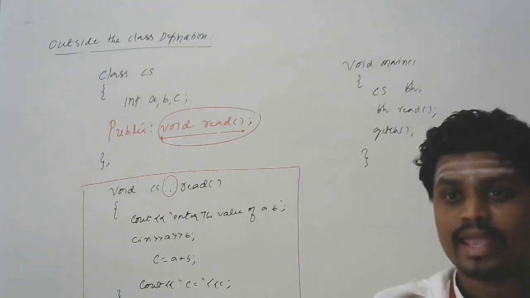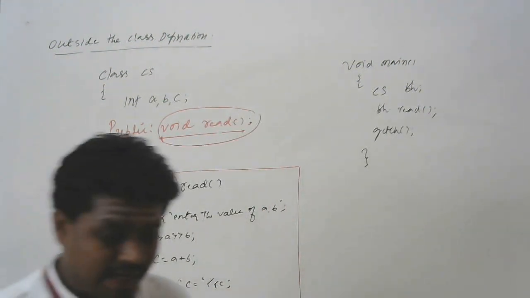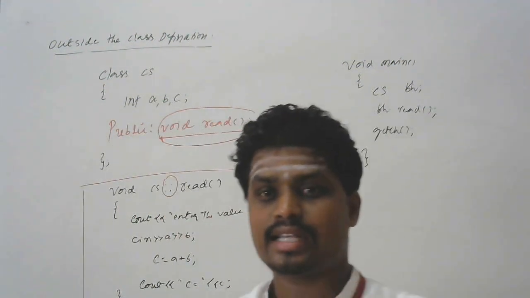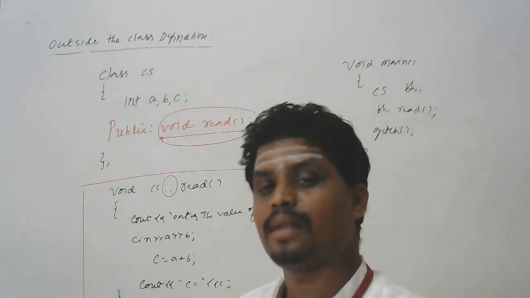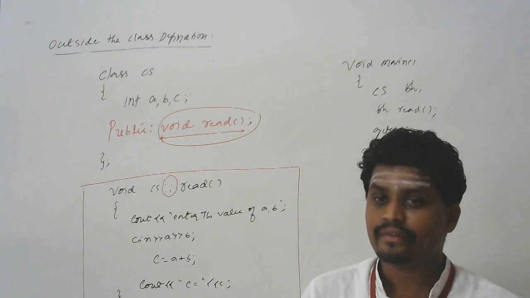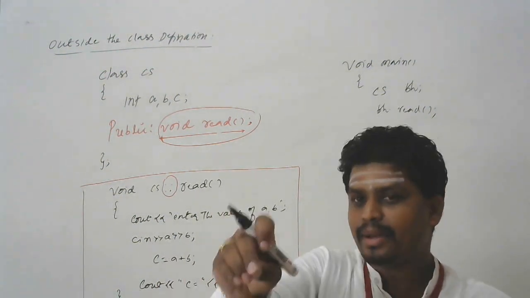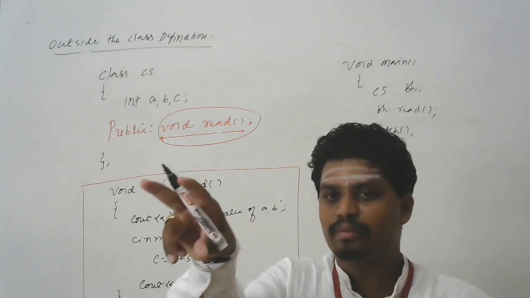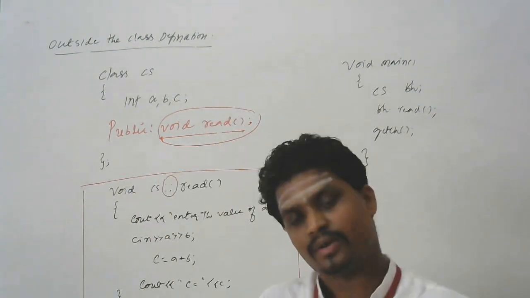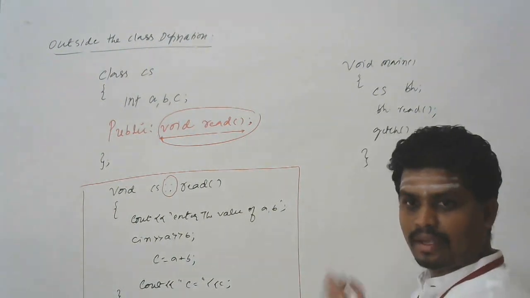Now you may ask, can we write both inside and outside the class definition in a single program itself, so that it saves time for the programmer, so that they can implement both member functions in one program itself? That example also we will see with the same programming method.